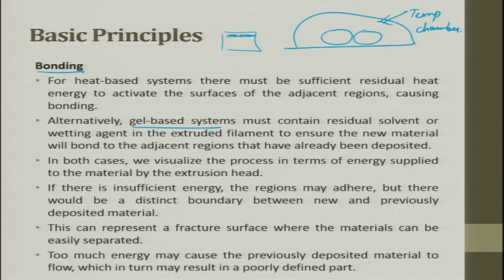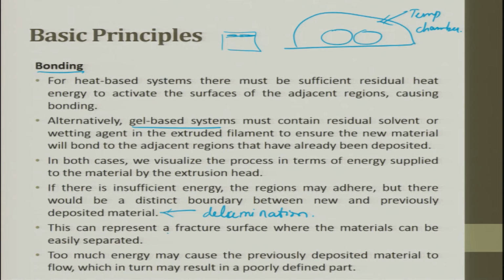In both cases, we visualize the process in terms of energy supplied to the material by the extrusion head. If there is insufficient energy, the region may adhere, but there would be a distinct boundary between new and previously deposited material. This defect is called delamination.